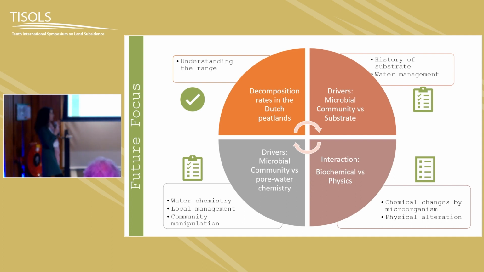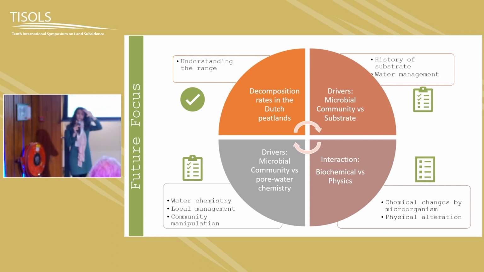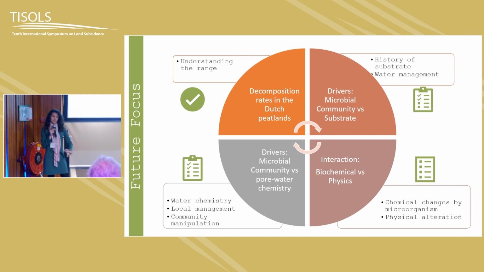On the microbial community and substrate focus, we took a 1 meter peat core, where the top part is oxic and the lower part is anoxic. We flipped them and put them back in the field. After 2 years, we are going to check what is going on there, because we want to see how microbes are shifting and affecting the land subsidence rates and the greenhouse gas emissions.